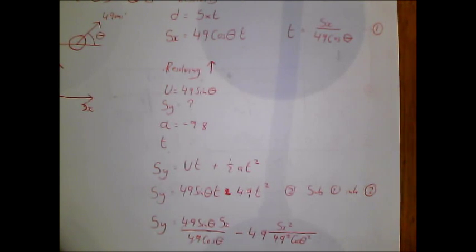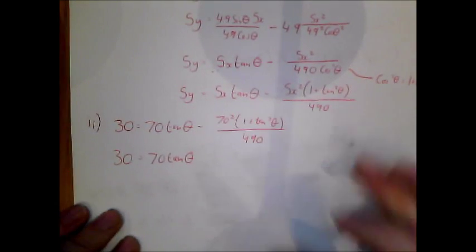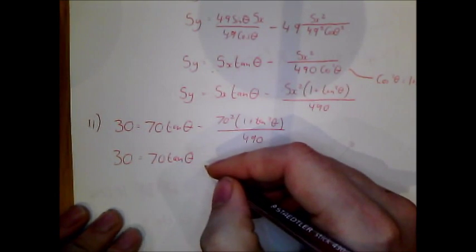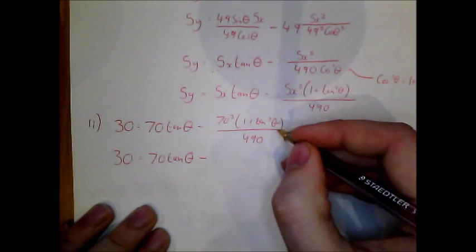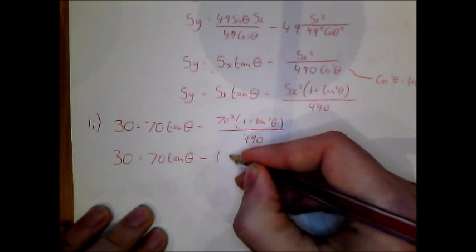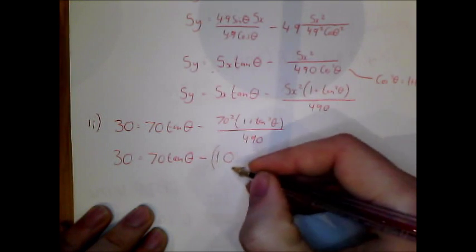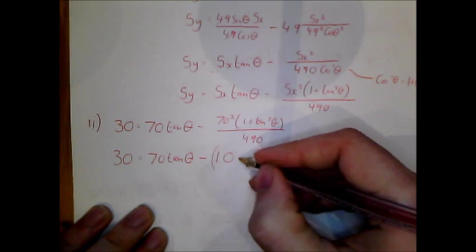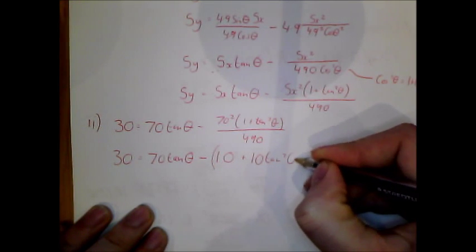So 30 equals 70 tan theta, oh, you can't see a thing, sorry. 30 equals 70 tan theta minus 10 plus 10 tan squared theta.